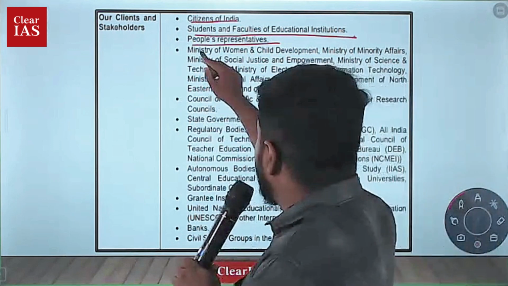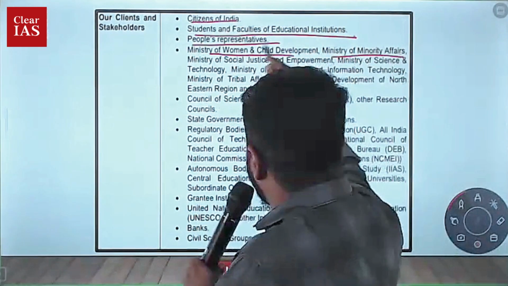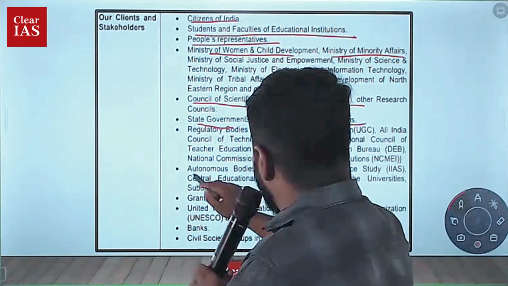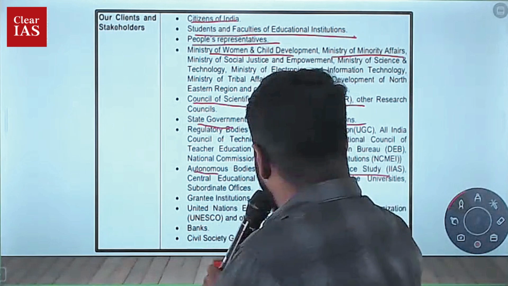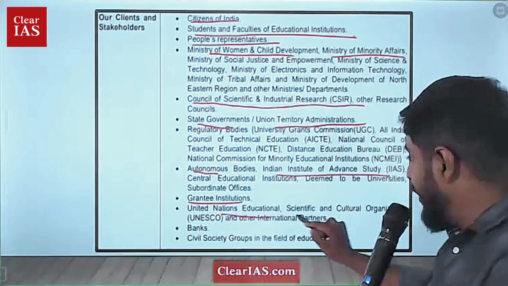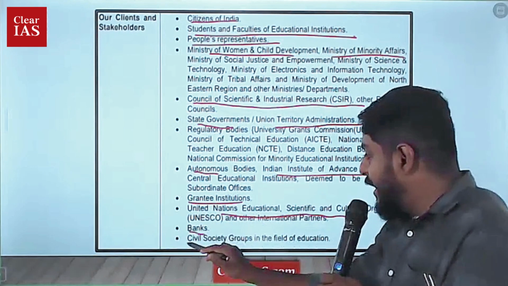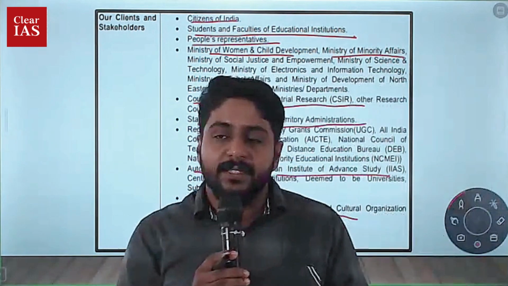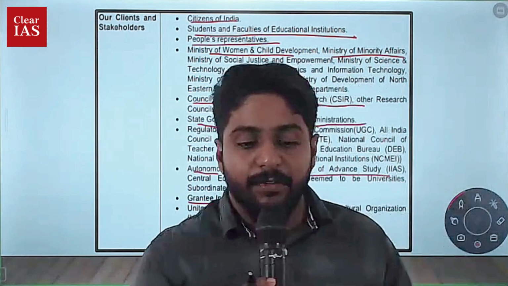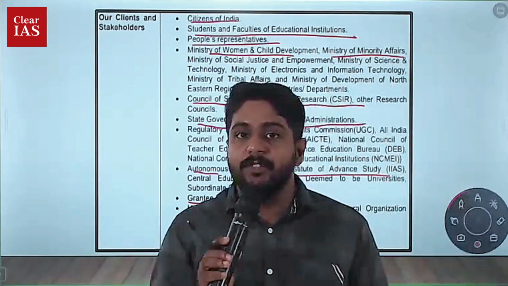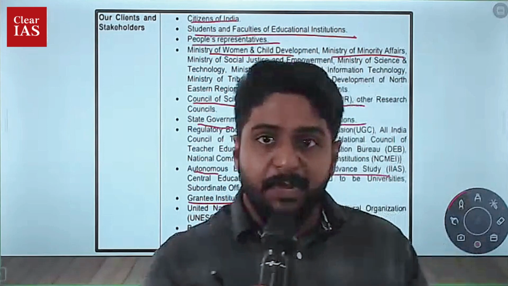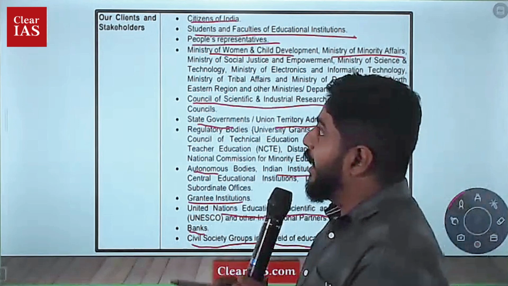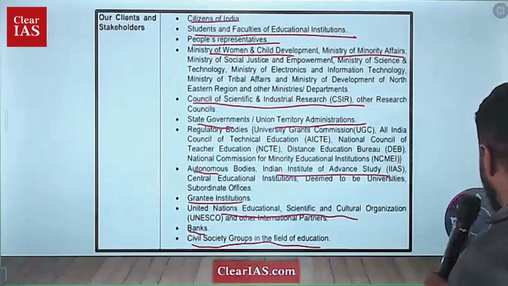The Ministry of Women and Child Development, Ministry of Minority Affairs, Council of Scientific and Industrial Research, state governments, union territory administrations, autonomous bodies, Indian Institute of Advanced Studies, grantee institutions, UNESCO, banks, civil society groups, all are our clients. Basically, we serve the citizens of India, the students and faculties of educational institutions, even the people's representatives. So there is absolute coverage when it comes to client details.